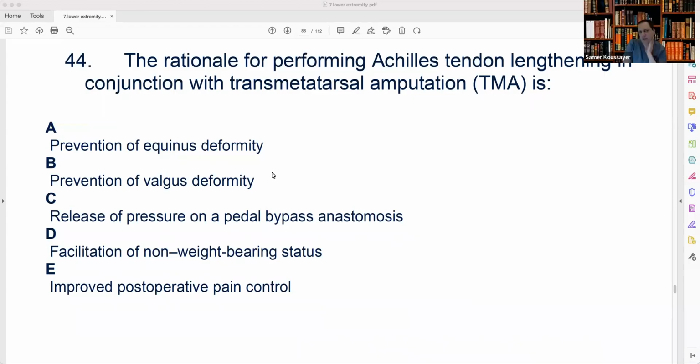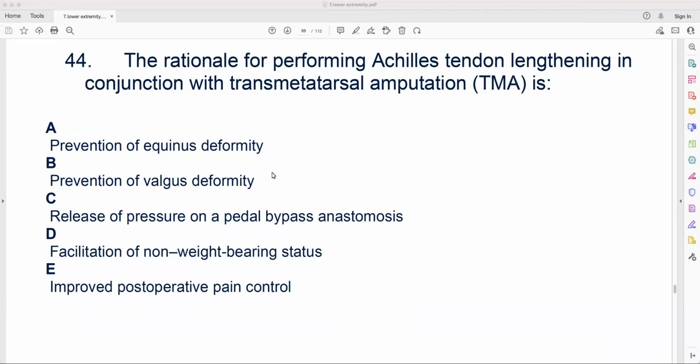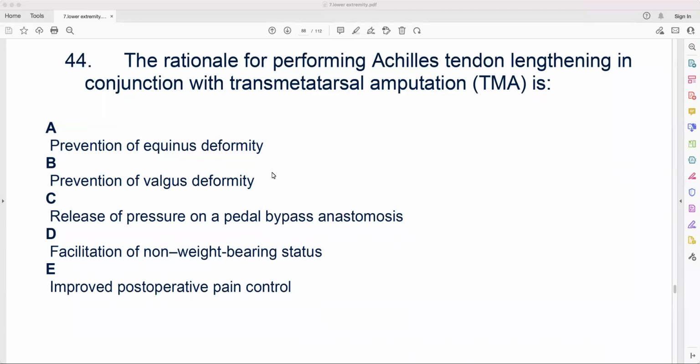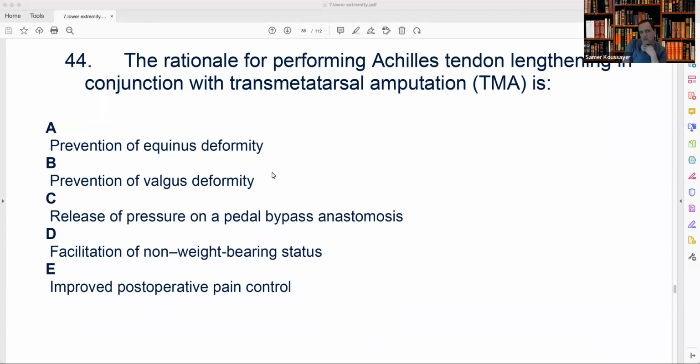The reason they elongate the Achilles tendon is to prevent that. We don't do it, but maybe we should consider learning it. I think I saw a patient like that with a severe equinus, and this is someone we need to refer. So this is something we can learn from.